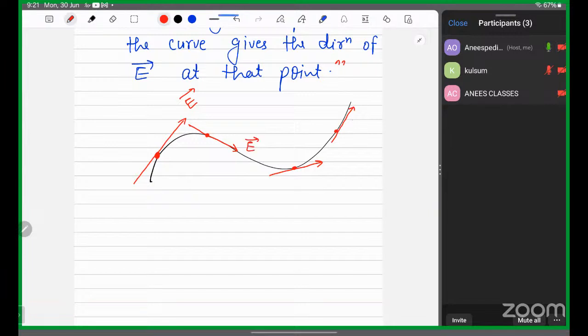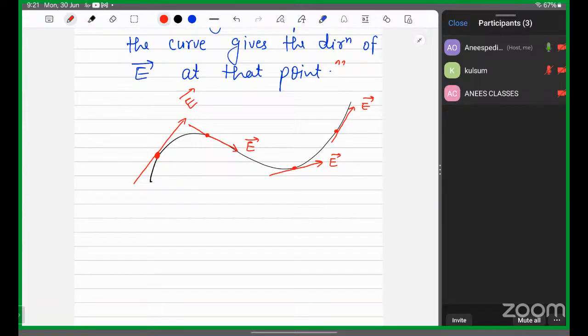We also know that electric field E will have the same direction as force on a positive charge. So some authors state it as: electric field line is a curve on which any positive charge will move in the direction of electric field.